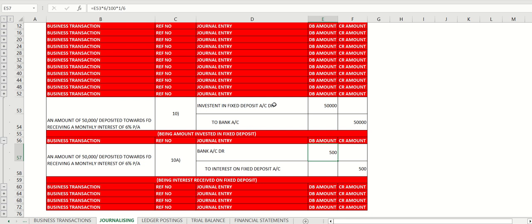One is the investment in fixed deposit account, the other is the bank account, and the interest on fixed deposit account. We have already created the bank account, so we would be adjusting this. We would be posting this 50,000 into the bank account directly, and we would be creating investment in fixed deposit and interest on fixed deposit, and we will post these entries into the respective ledger accounts.